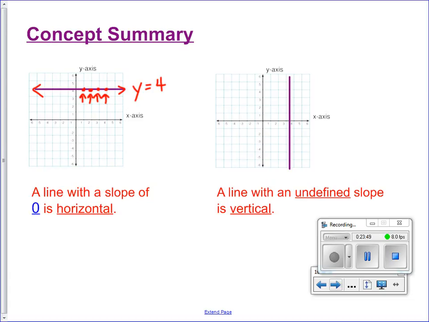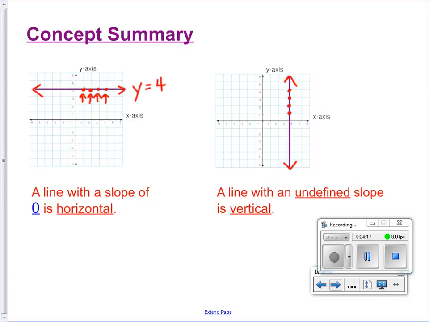On our next graph, we have a line with an undefined slope, and it is a vertical line. And again, I'm going to put my arrows on, and this line isn't right on the grid line, but what you'll notice is, well, all my x values on a vertical line are the same.